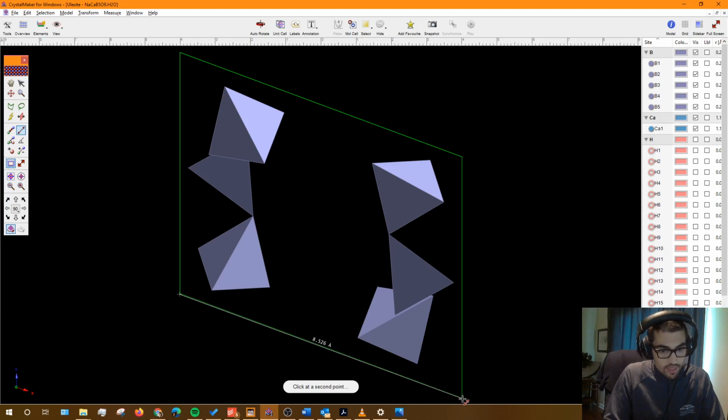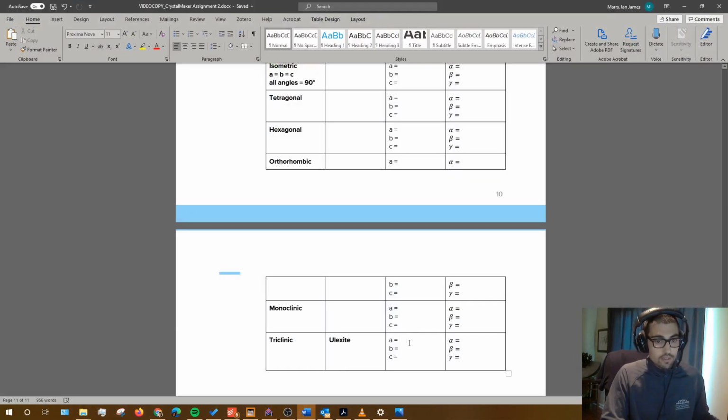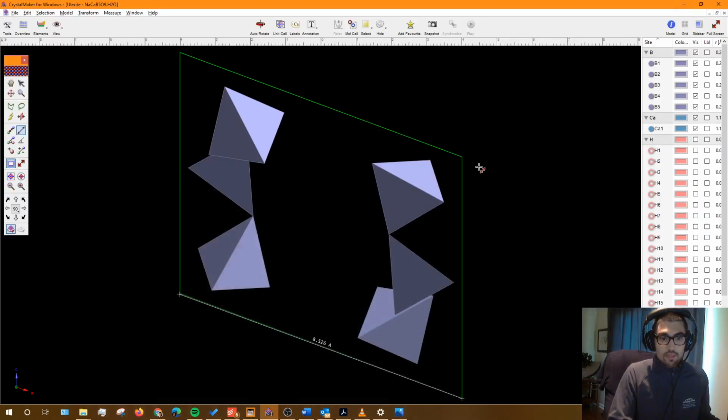Then I'm going to click again. Now I can see this number represents the distance in angstroms. So this is 8.526. I go back to my document, 8.526 angstroms. And that's good. Now we know that.